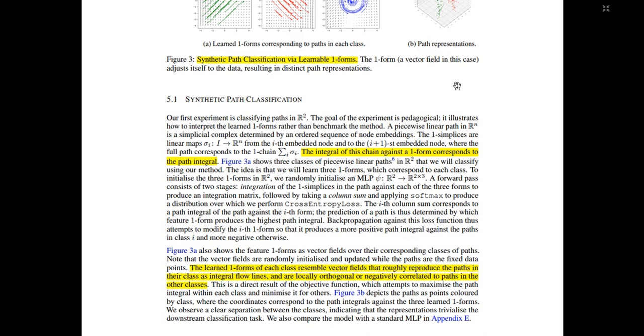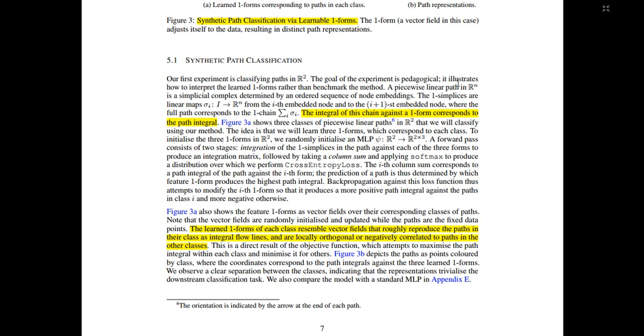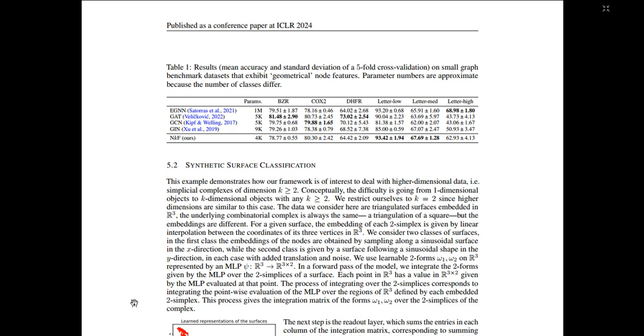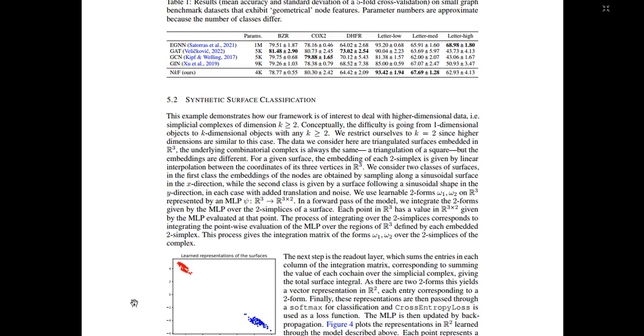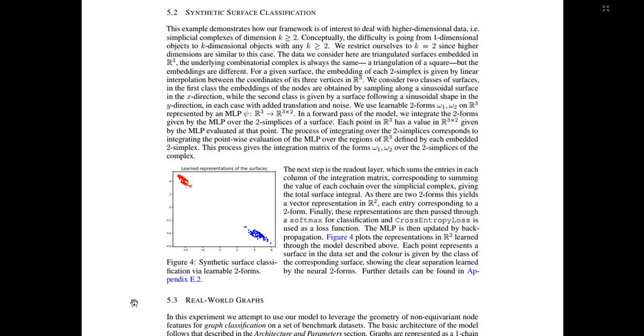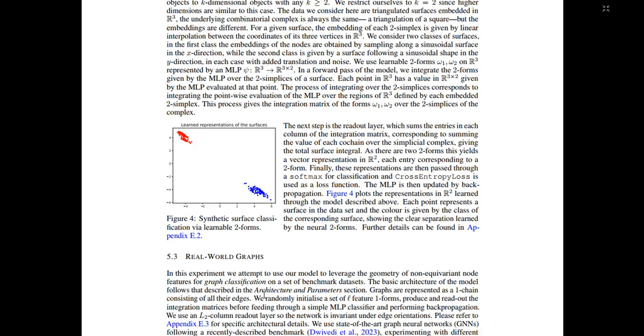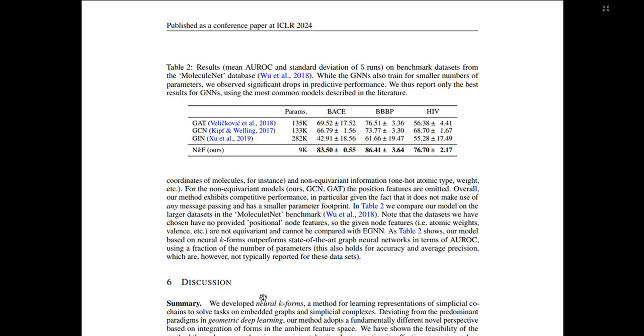We can do it with one form. So our neural network learns a one form. When we integrate over it, it can deliver the representation. Or we can use a two form or three form and so on. You can see various examples in this paper also.